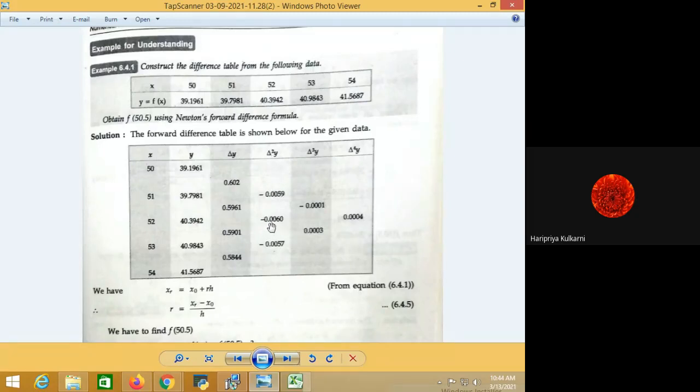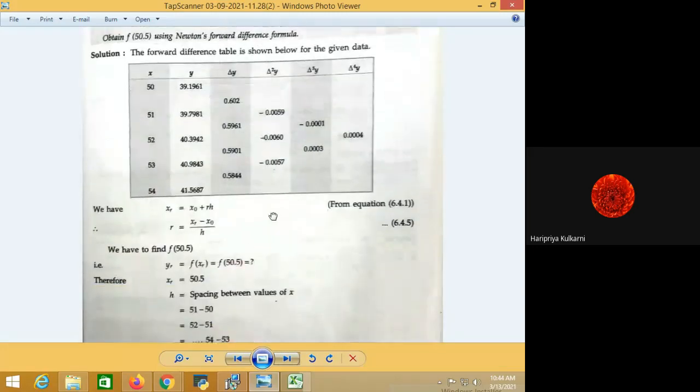So minus 0.0060 minus of 0.0059 will give us minus 0.0001. This is delta cube y0. Similarly, you will find this also, and then finally delta raised to 4 y. So this is what you will get at the end of the difference table.